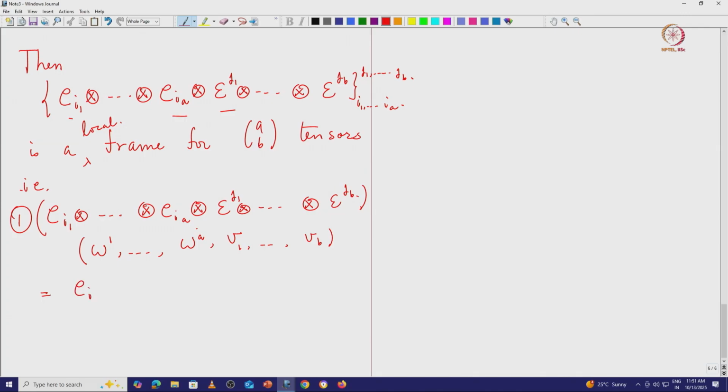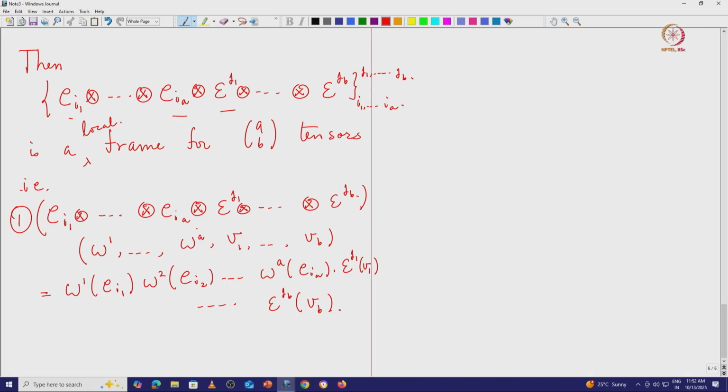So it will be omega 1 applied to E_I1 multiplied by omega 2 applied to E_I2, etc., omega A applied to E_IA multiplied by epsilon J1 applied to V1, etc., epsilon JB applied to VB.